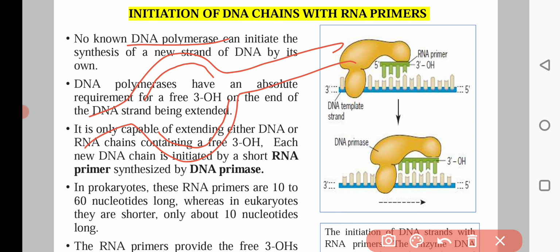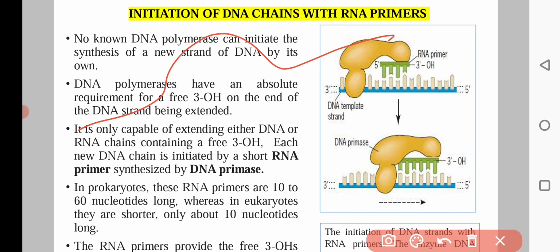Here you can say that these two strands have been separated, but a little bit of DNA strand should already be there, having a free 3' OH group. Likewise here, it should be there with a 3' OH group.